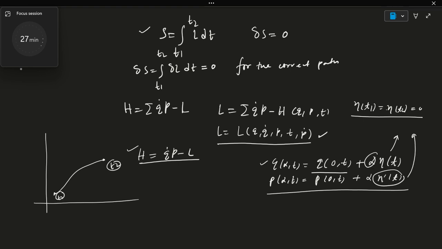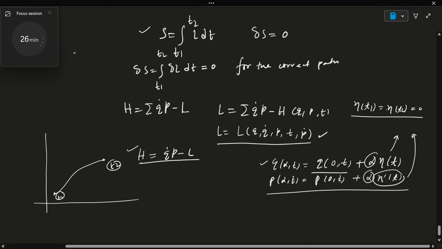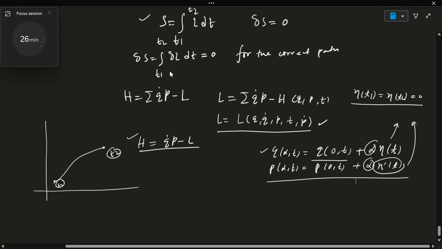Alpha is a real, positive, infinitesimally small quantity that defines the variation from the actual path. If you have done the variational principle, you know this very well, in much detail.